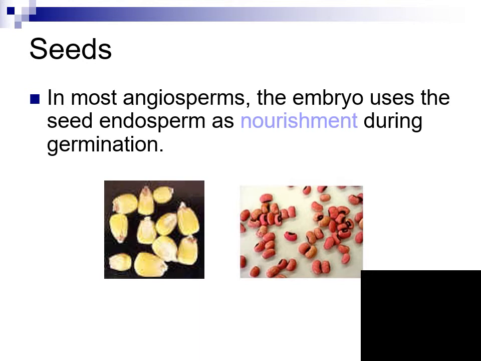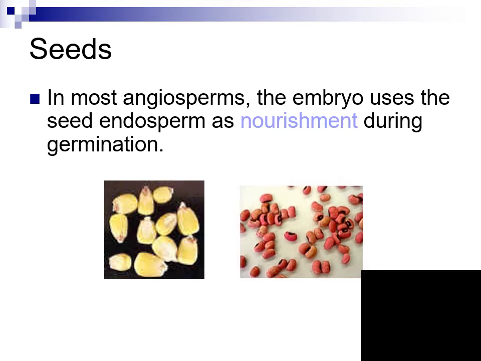So in thinking about seeds, seeds are a reproductive part of a plant, and you plant a seed and you get the next generation of the plant. And the endosperm in those seeds is helpful for that little embryo. But that endosperm is what is nourishment for us if we eat seeds.